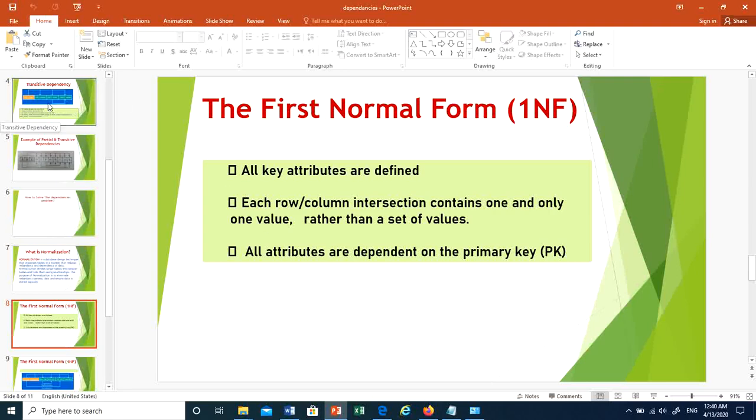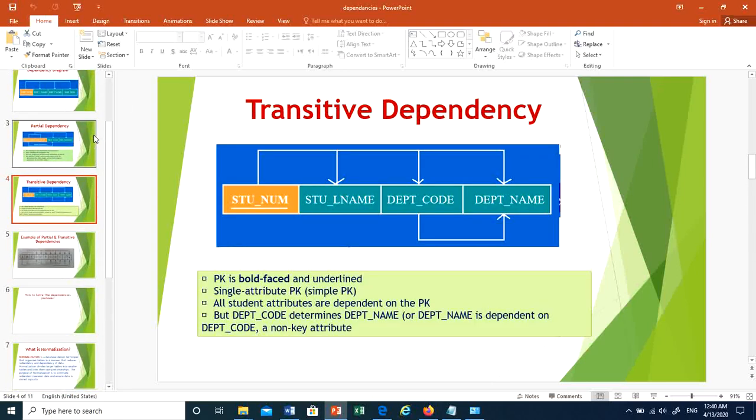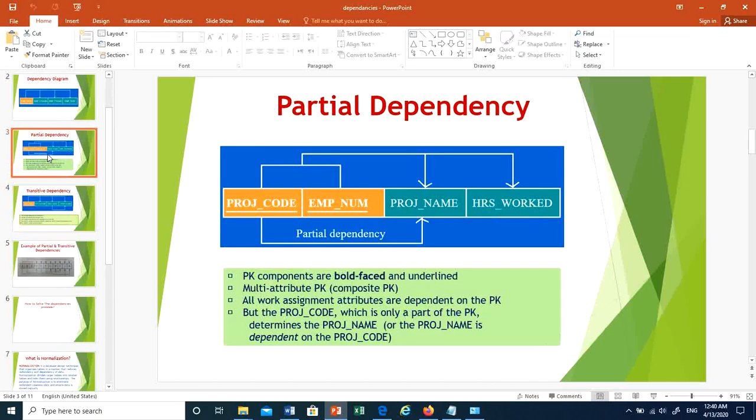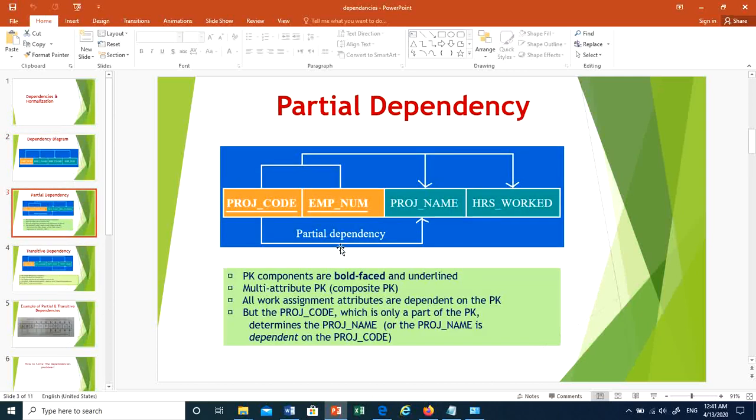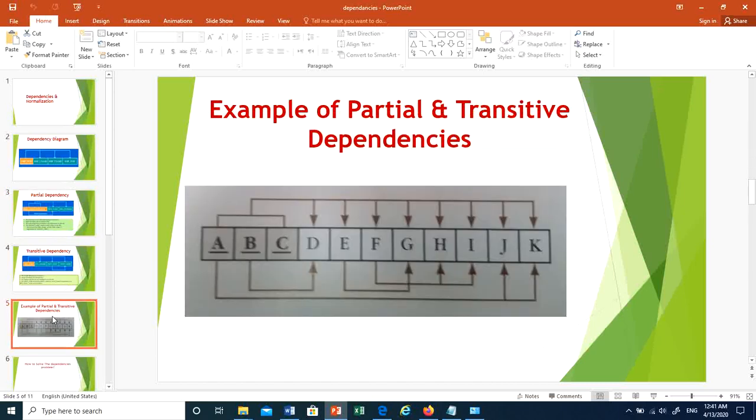When you look at this relation here, this one is in the third normal form, in which there is no partial or transitive dependency. And this one also is in the first normal form, because we have partial dependency. This one is in the first normal form because we have partial and transitive dependency.